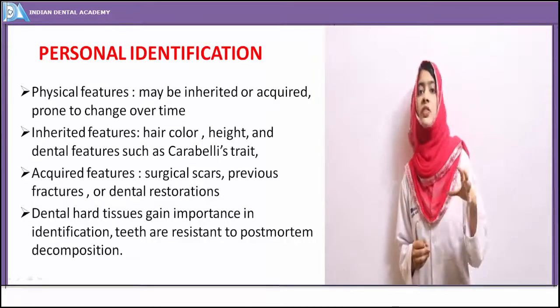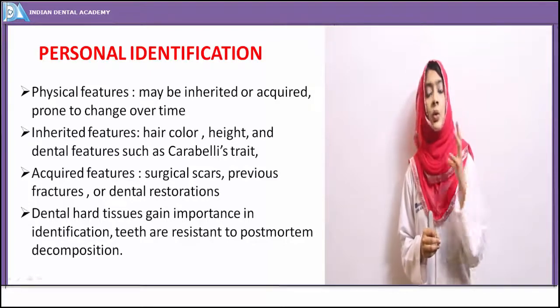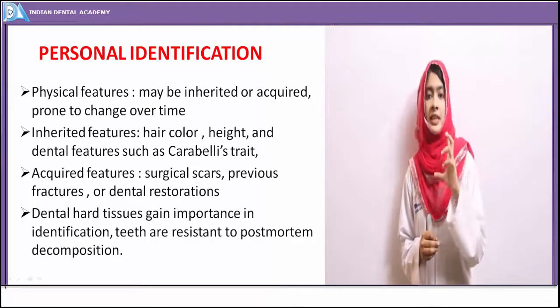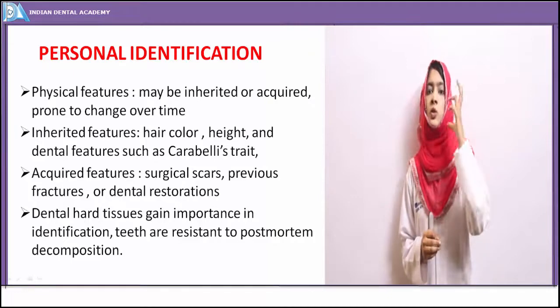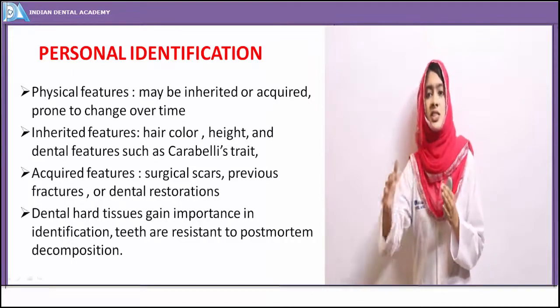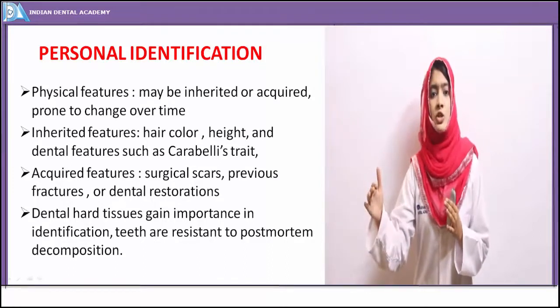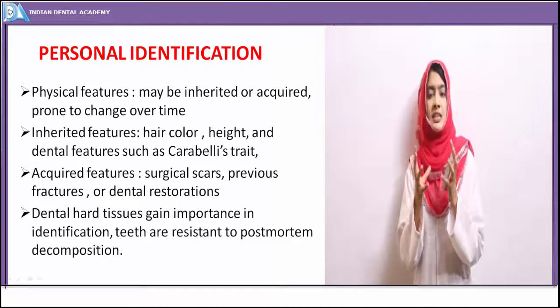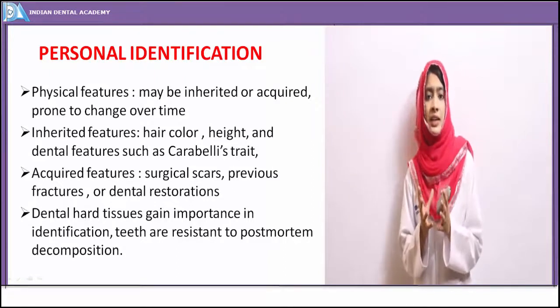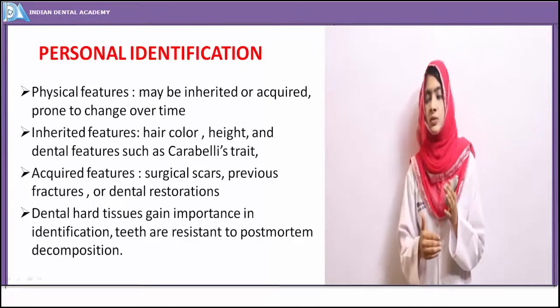So there may be loss of soft tissue and the complete body may be burnt, but the teeth and the bone of the maxilla and mandible just resist the decomposition and the damage due to burns. They sustain in the oral cavity, and thus they can be used to identify the individual.